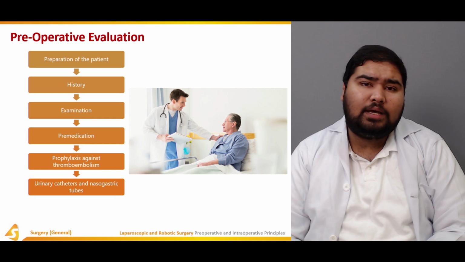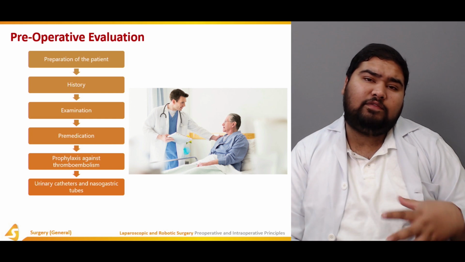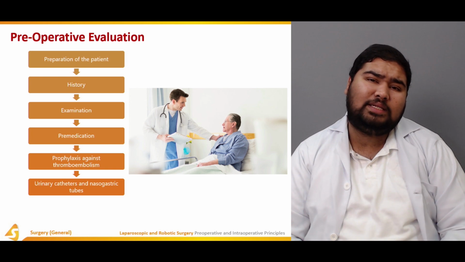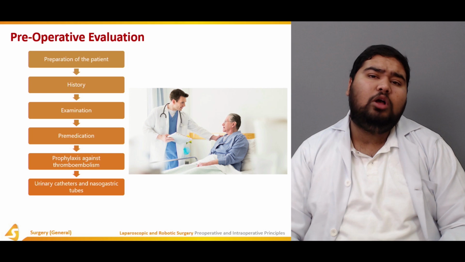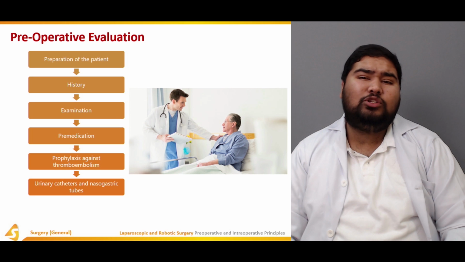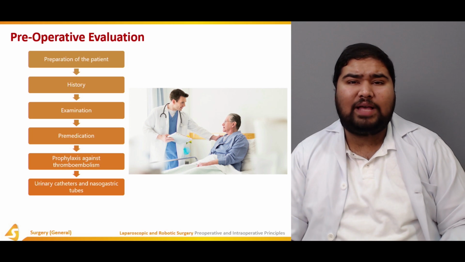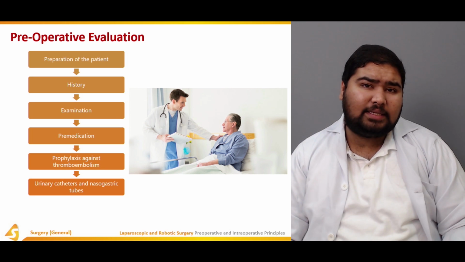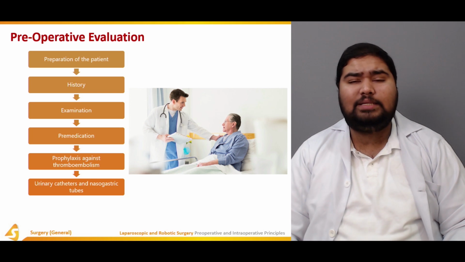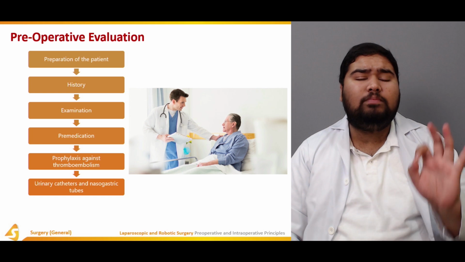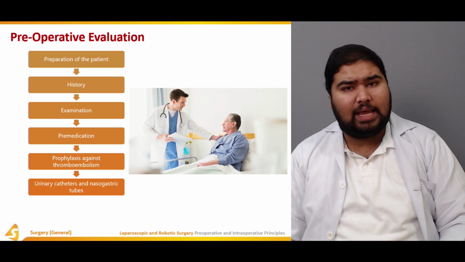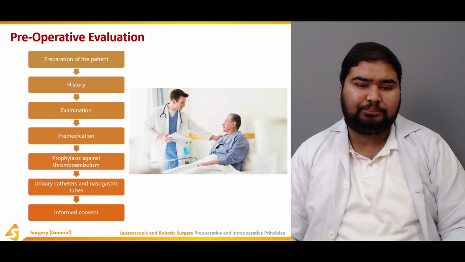Similarly, if the stomach is putting pressure on your view, or the liver in a hepatic surgery, you might pass a nasogastric tube to decompress the stomach. Once the decompression is done, or once the surgery has been done, you must remove the nasogastric tube before the patient regains consciousness.